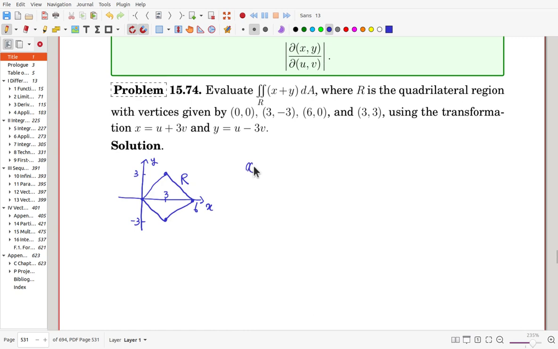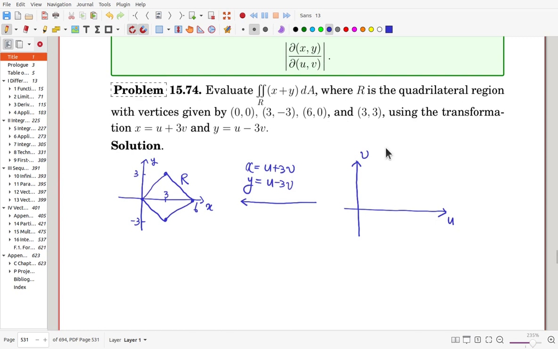So x is u plus 3v, and y is u minus 3v. Okay, so that is transformation T, and so we'll have Q. For this problem, you have to find the predomain. Already it is given, so you have to recognize in the UV domain the predomain.